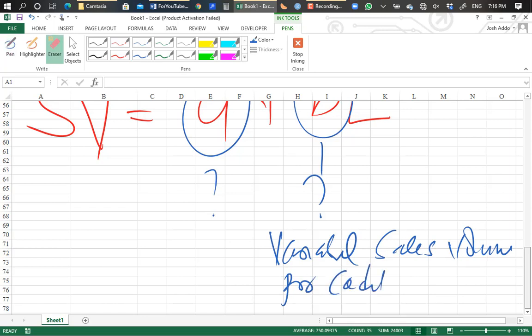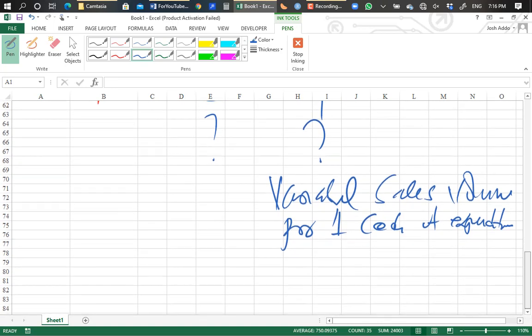So variable sales per unit of expenditure, and the unit of expenditure will be 1 CD. So per 1 CD of expenditure. That is B.